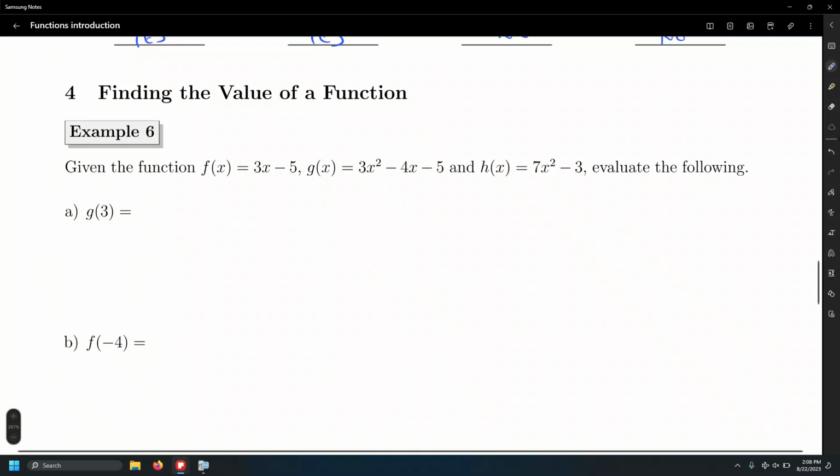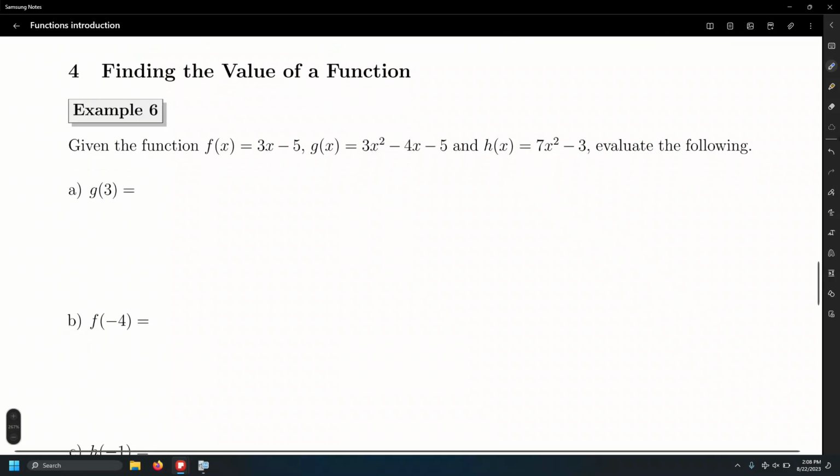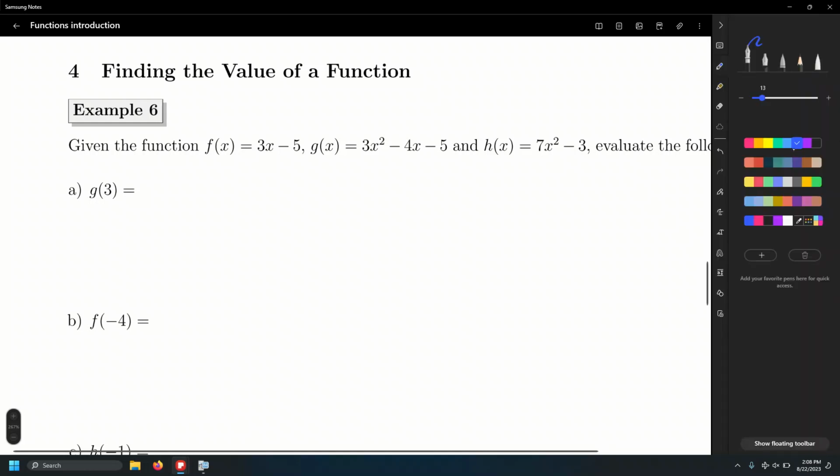So when we see this notation f parentheses x, careful, that doesn't mean multiplication. That means f of x, or f evaluated at x.